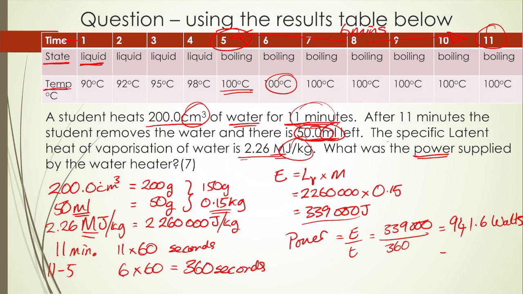Now, having a look at the question, I've got 3 significant figures there, 3 significant figures there, 4 significant figures on the 200.0, but I'm going to quote it to 3 significant figures, which is 942 watts. Okay, so just underneath a kilowatt for the amount of energy transferred by the heater.